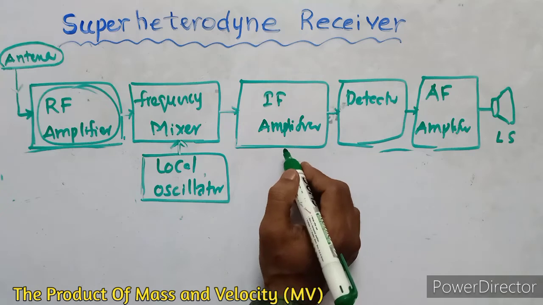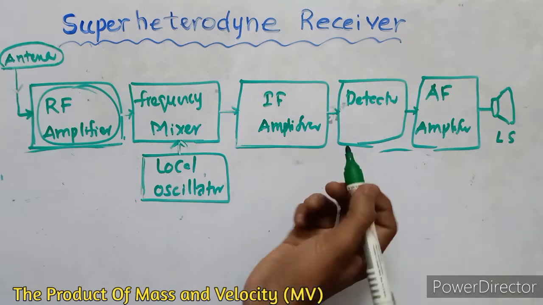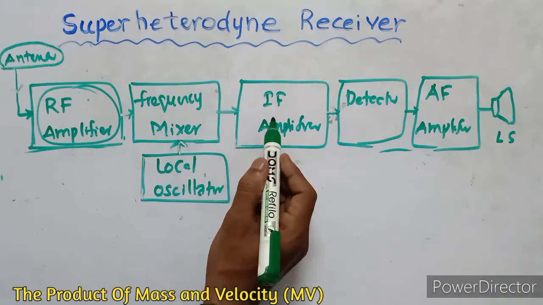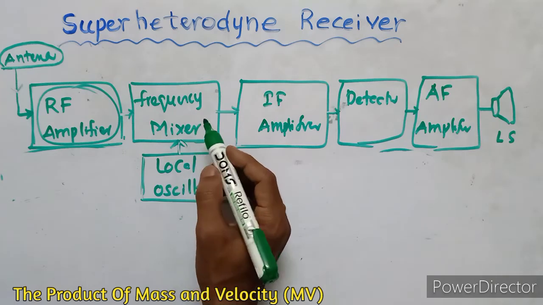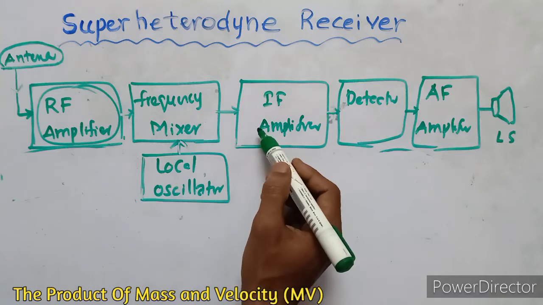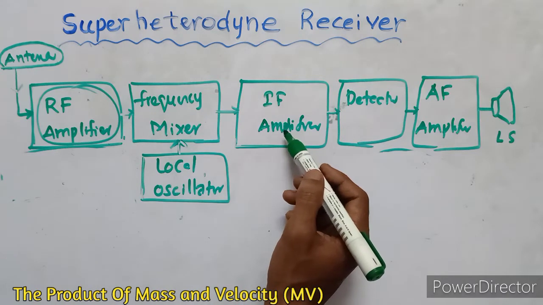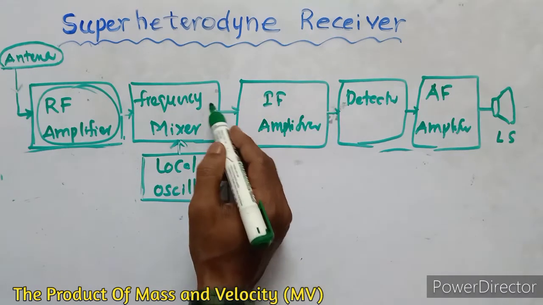The intermediate frequency is produced at the output of the frequency mixer. The intermediate frequency amplifier amplifies its range.